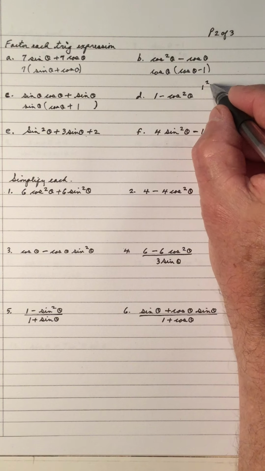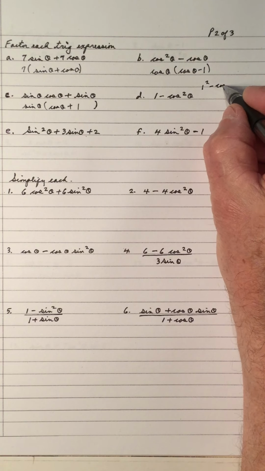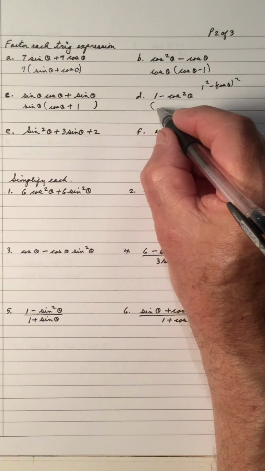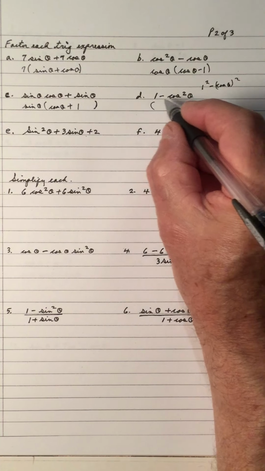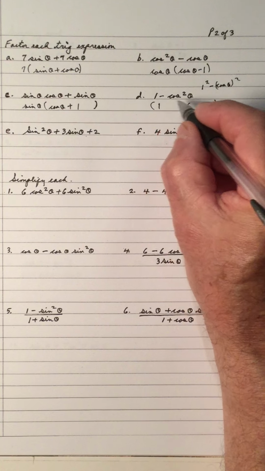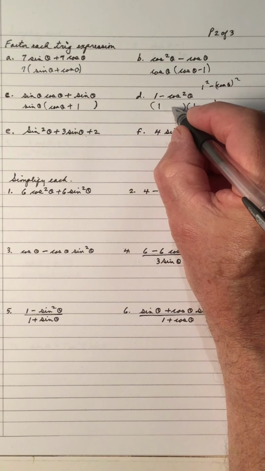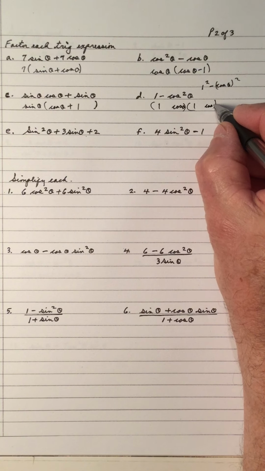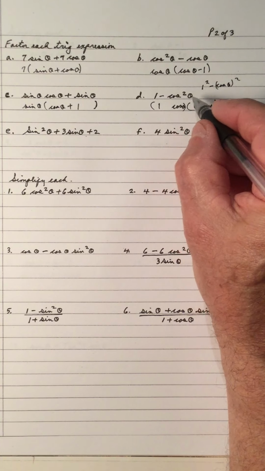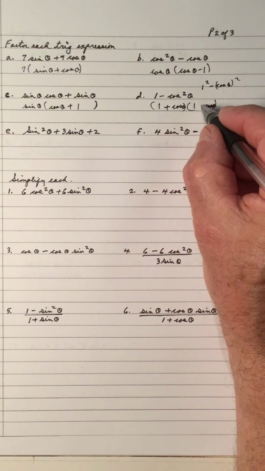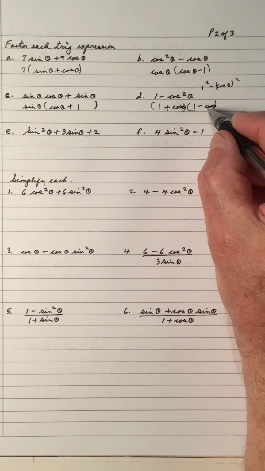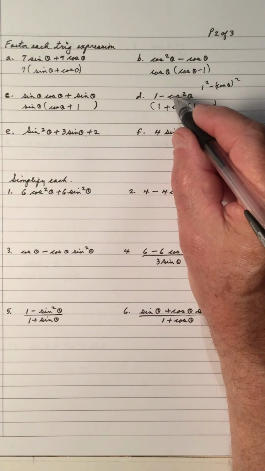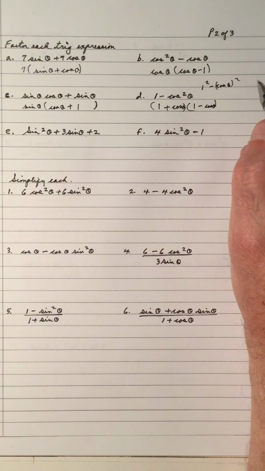This is 1 squared, subtract cos theta squared. So that's going to be 2 brackets. 1 is 1 times 1. Cos squared is cos theta times cos theta, and we have a difference of 2 squares, so we have a plus and a minus. So if we did the FOIL on these two binomials, you would come up with this binomial here.